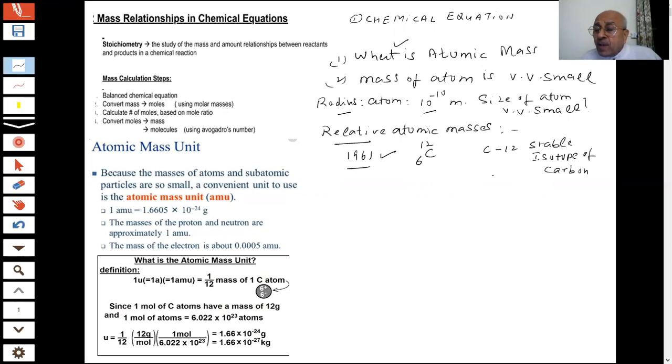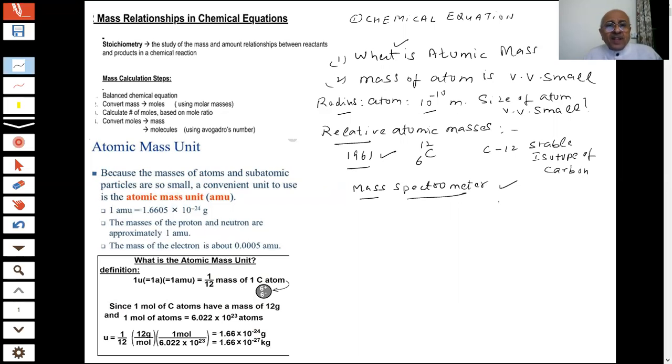Today we have instruments, students, which can measure the mass of an atom exactly. That is the mass spectrometer. It is possible to measure the mass of one atom using a mass spectrometer, which is very, very small.